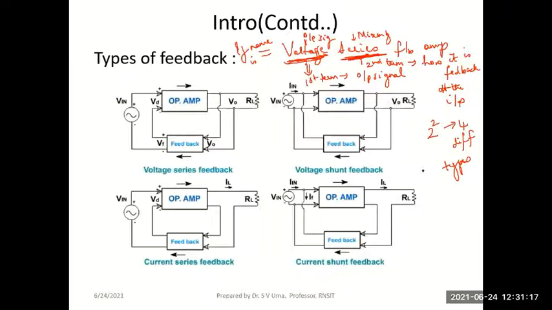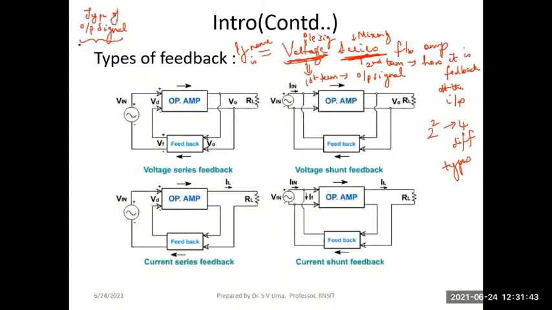Then we were talking about the types of feedback. We have 4 basic types of feedback. As you can see, I told you about the naming convention the other day. The first character talks about what type of output signal we have.